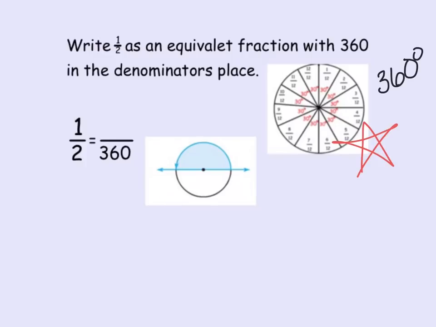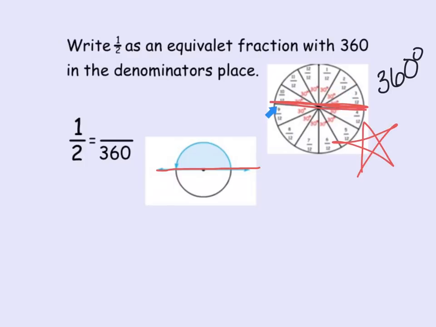Well, I notice that it's cut in half. So if you take a look up top, we can go ahead and cut this very important circle in half as well. And when I cut it in half, what I can do is line up and count my degrees. So if I count 30, 60, 90, 120, 150, 180.